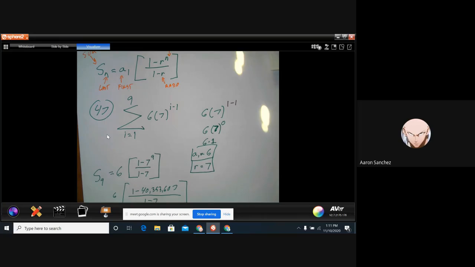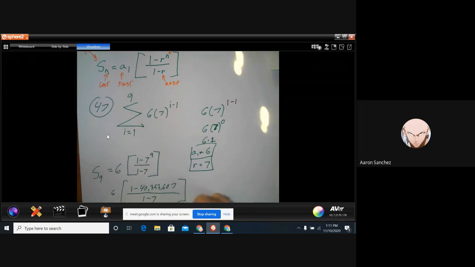1 minus 40,353,607 is 40,353,606, right? We're taking away 1, but it's going to be negative, because this is negative. So that makes that shrink up. 1 minus 7 is negative 6.